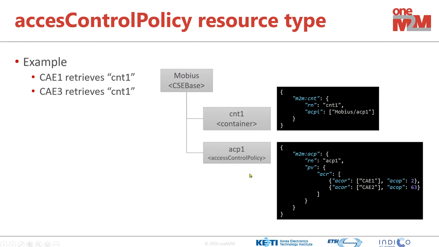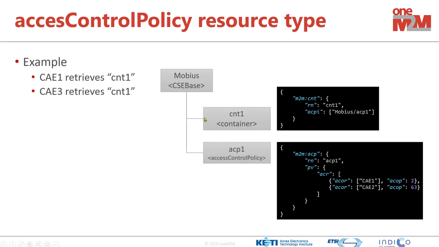This is a resource tree with which we are going to try out how the access control policy works as the basic access control mechanism supported by oneM2M. To test it, we are going to create the container CNT1, and the container has the access control policy IDs, which is the reference to the access control policy or access privilege settings.